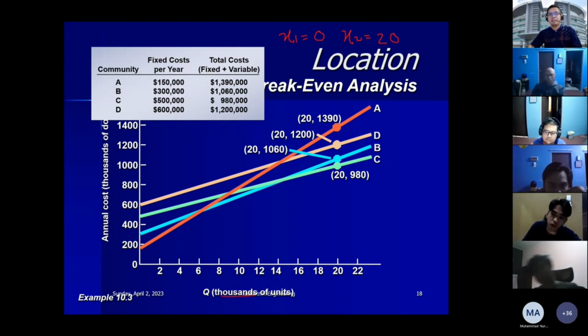Because this is in thousands of units, so 20K, or 20,000 units. Meanwhile, for our fixed cost, that will be y1, and total cost will be y2.